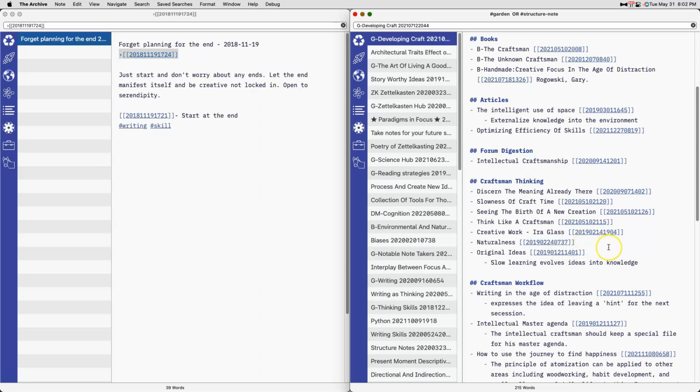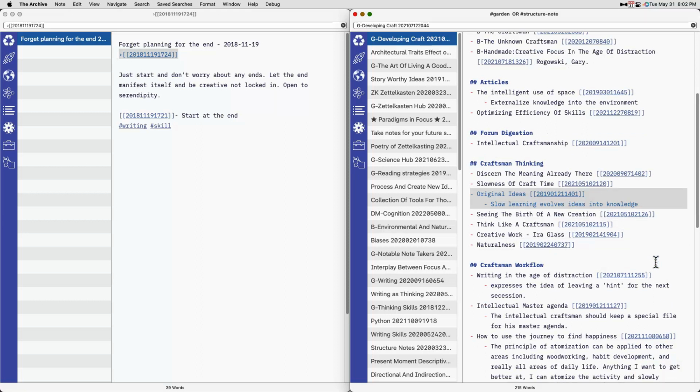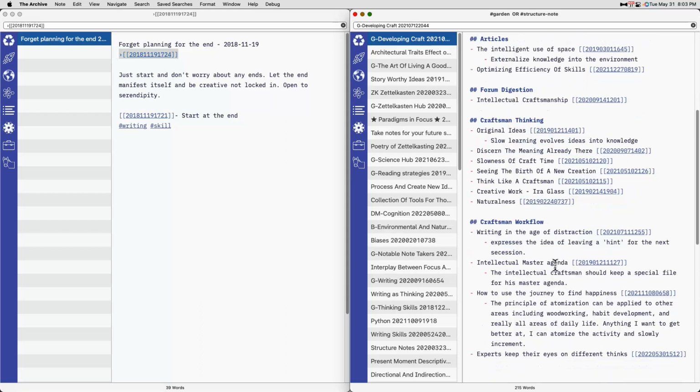One thing I wanted to address was the ability to change the order of these. Of course, you can just cut and paste, but you can also highlight a particular section and move it within a subsection or into another section just by highlighting and moving it there.